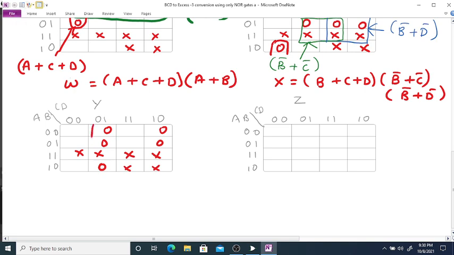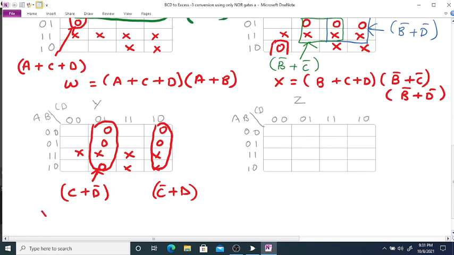We can take this one as a quad, which is represented by C plus D bar, and this quad is represented by C bar plus D. So, the Boolean expression for Y will be C plus D bar and C bar plus D.